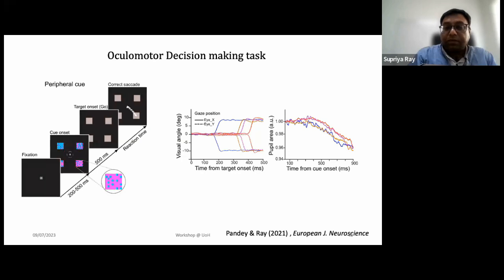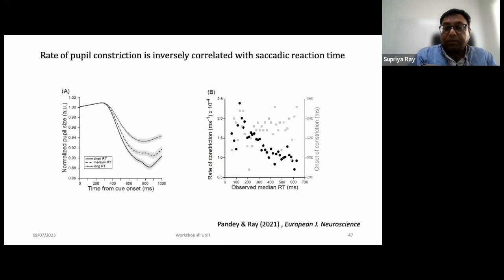Shall we go to the next slide, please? Now here we classified or grouped trials based on the reaction time, meaning the time between the stimulus onset and the eye movement onset.